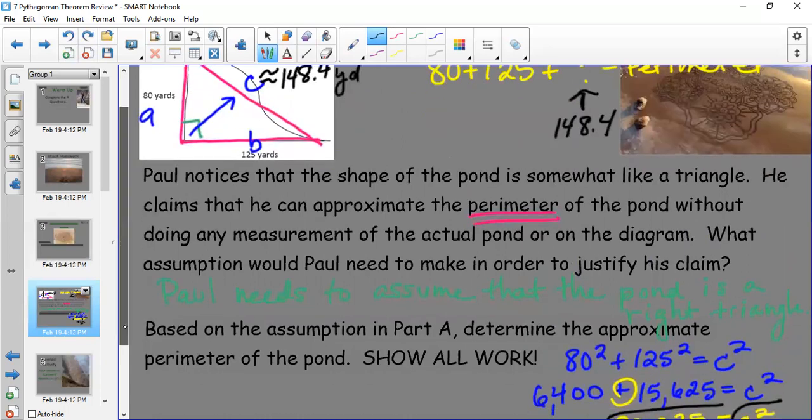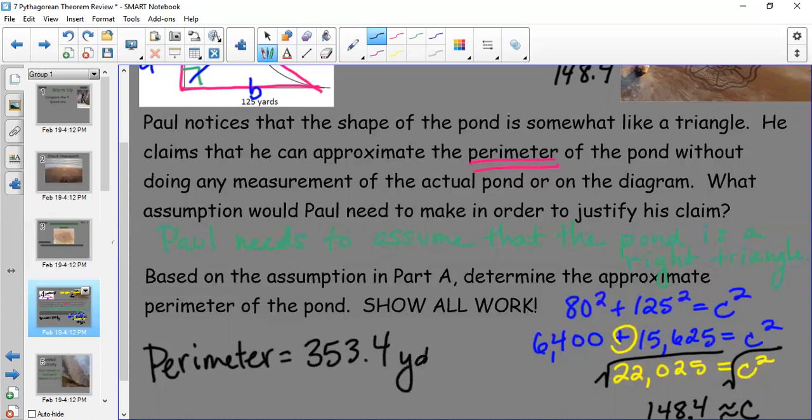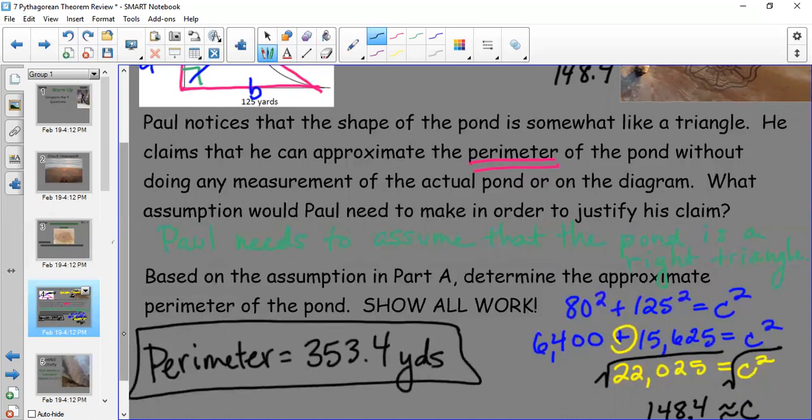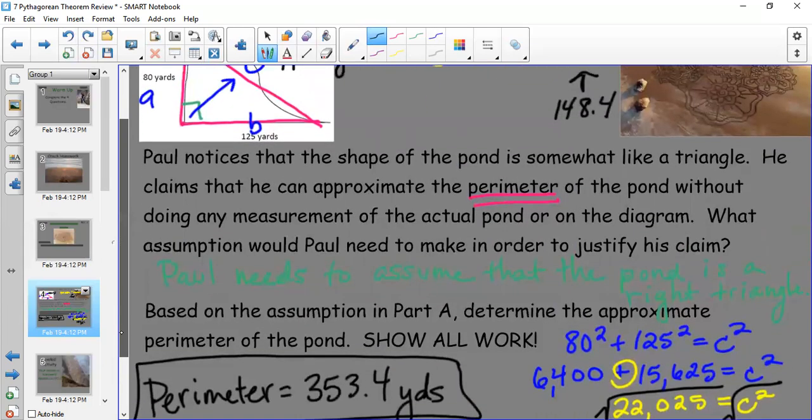Our approximate answer for the perimeter, I'm going to put perimeter, triangles, we have 353.4 yards. Again, this is just an approximation because that's not an exact triangle, but it can give us a close estimate.